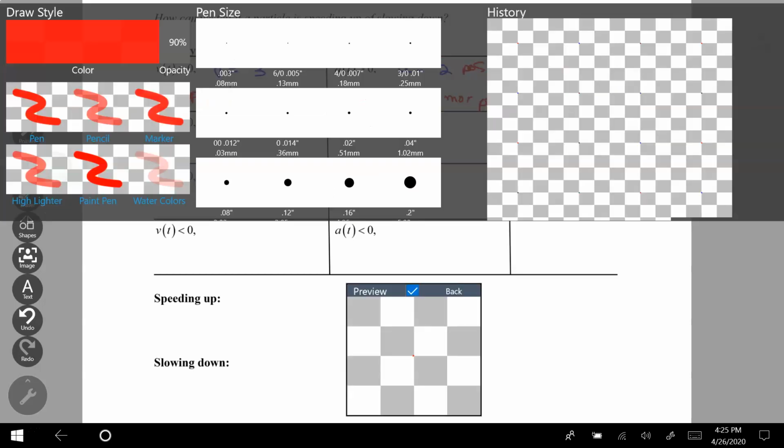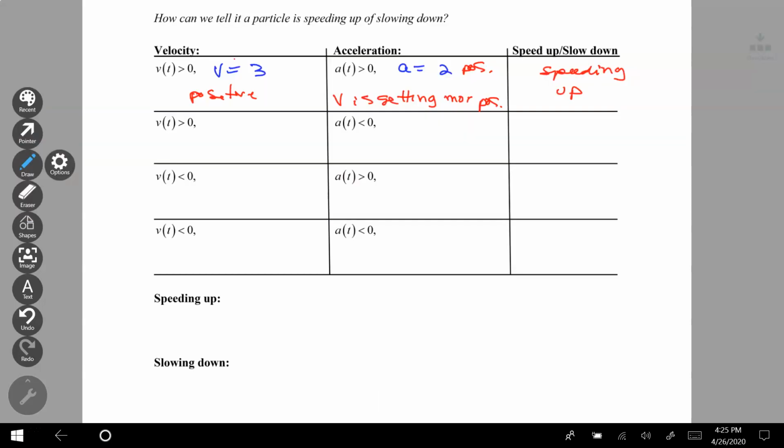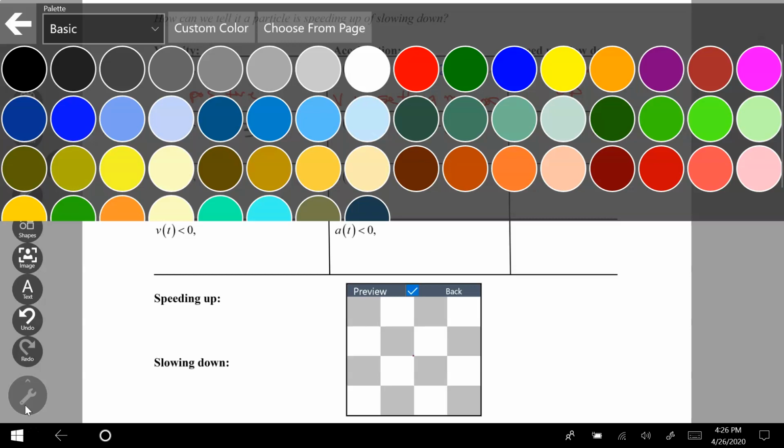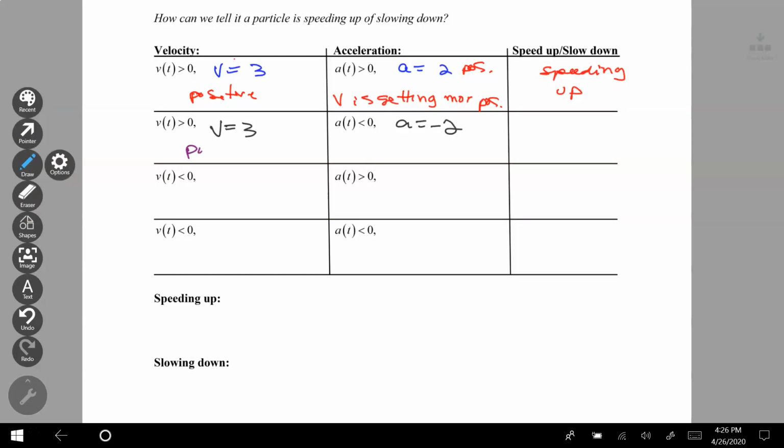Let's look at this example. My velocity, again, is going to be positive, but my acceleration now is going to be negative. So when we talk about this, again, my velocity is positive, but my acceleration is negative.